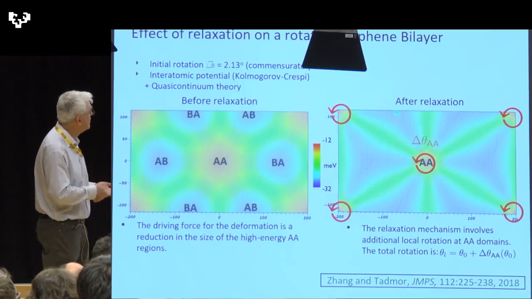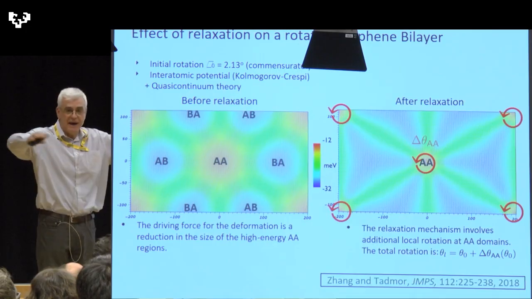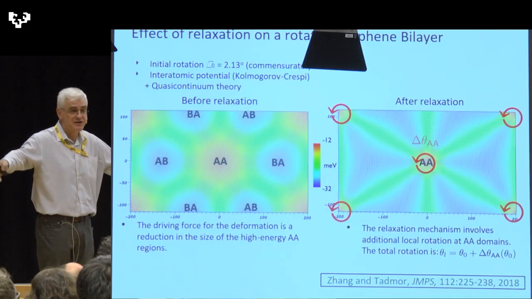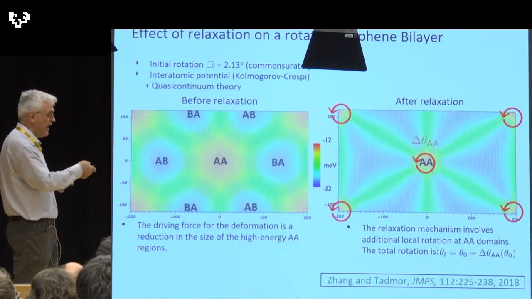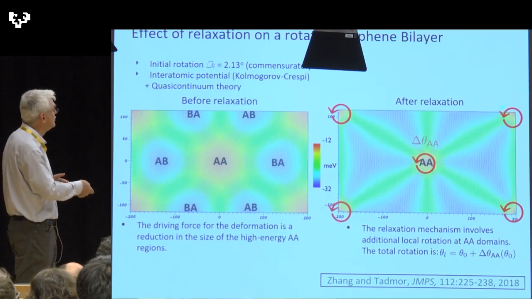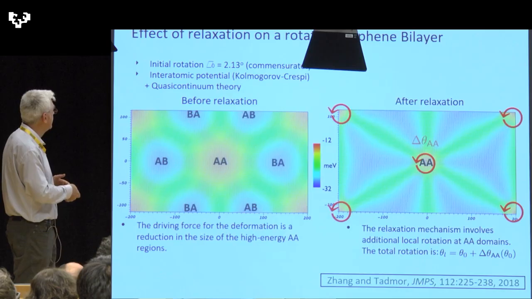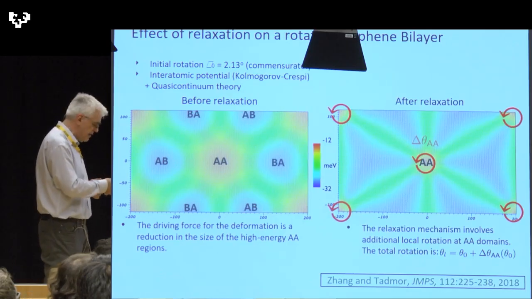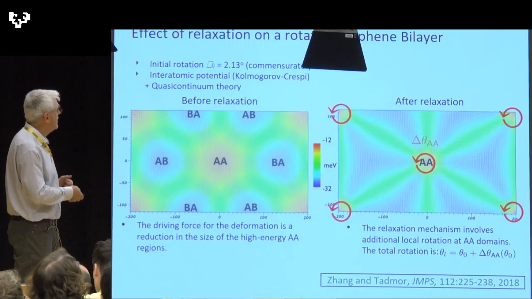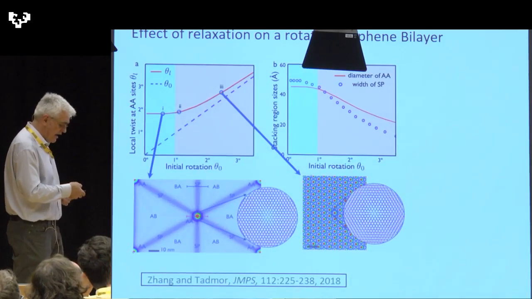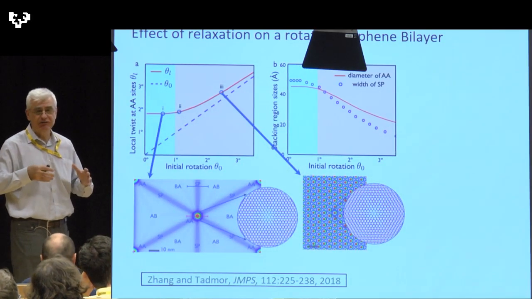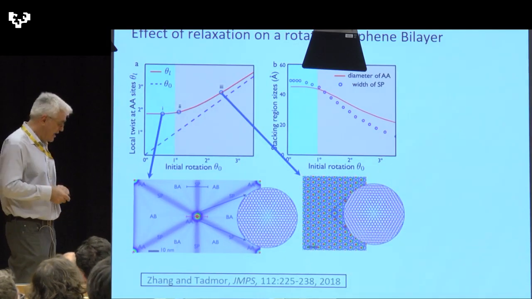The AB or BA domains, which are equivalent, expand significantly, because that's the low energy structure, and the AA domains shrink significantly. And there are the regions between them, which in this paper were called saddle points. We also call them domain walls. And the behavior of these different features is quite interesting.